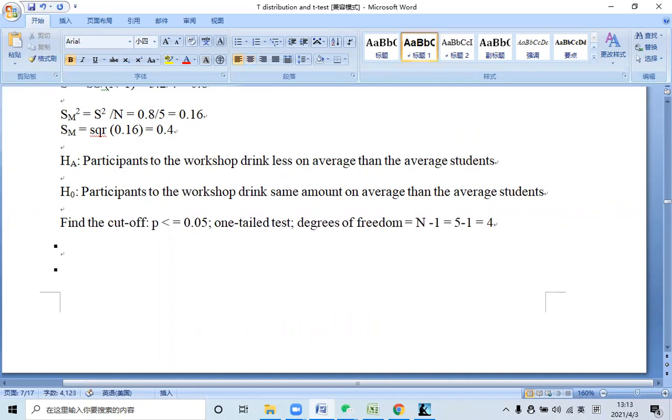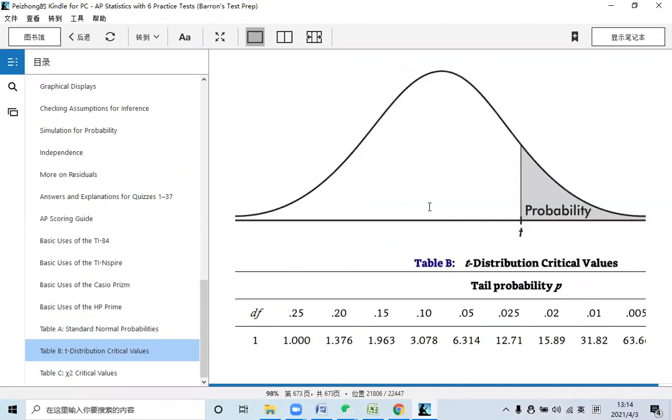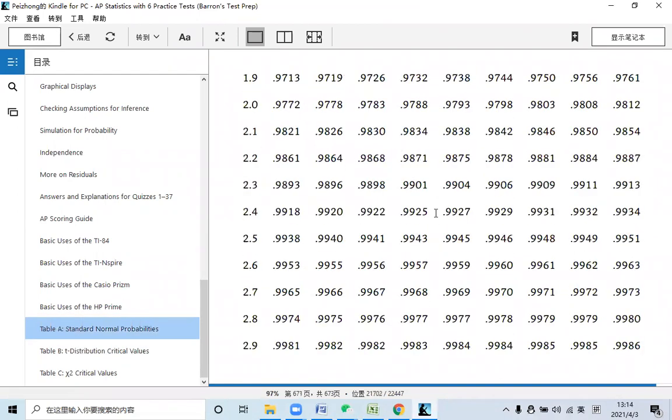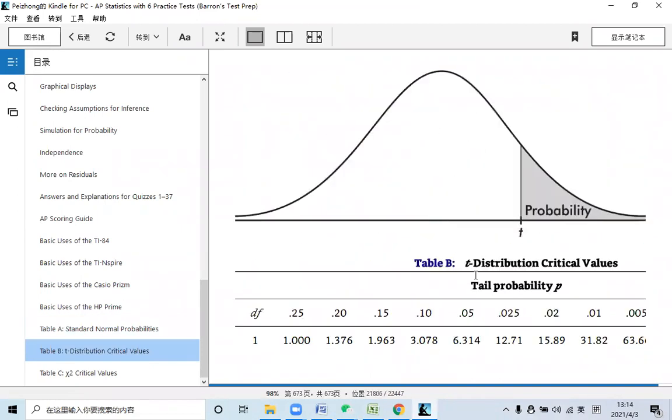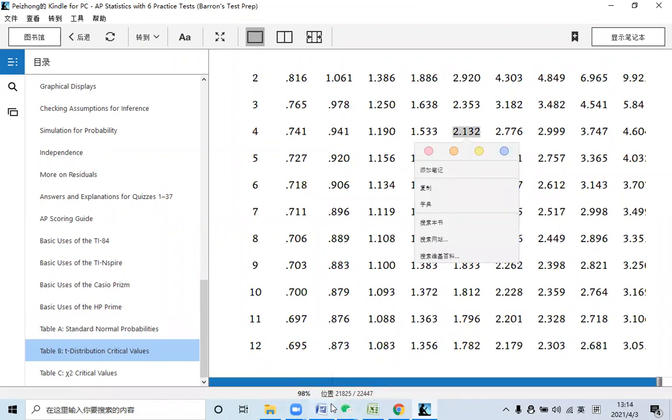So the cutoff would be, look at the t-table, degree of freedom 4 and one-tailed significance level 0.05. It is 2.132.